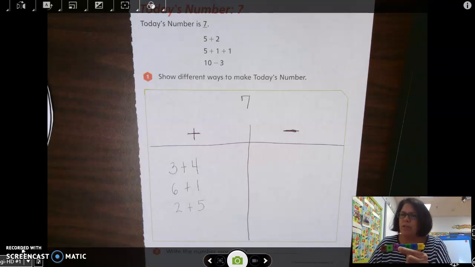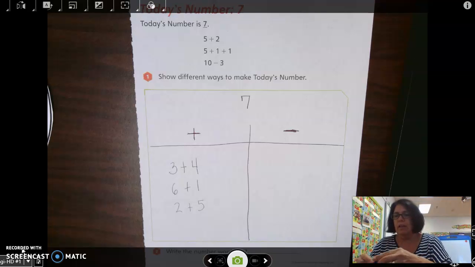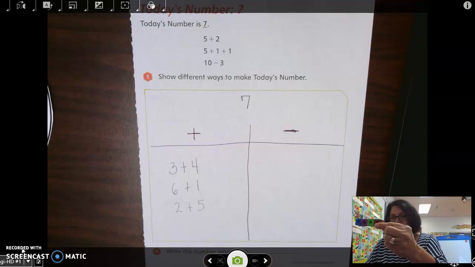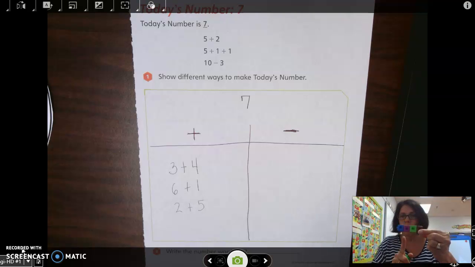So here's my question. Can you turn it around? Can you have 4, and add 3 more and still get 7? Well, let's see. If I've got 4 here, 1, 2, 3, 4, and I bring along this 3, 1, 2, 3, and put them together, do I still have 7?